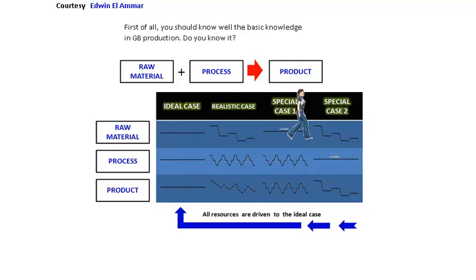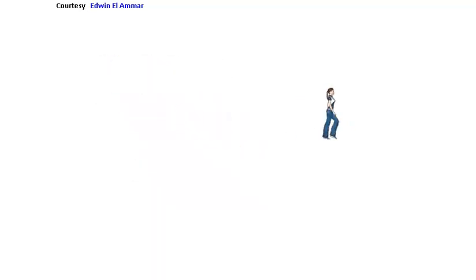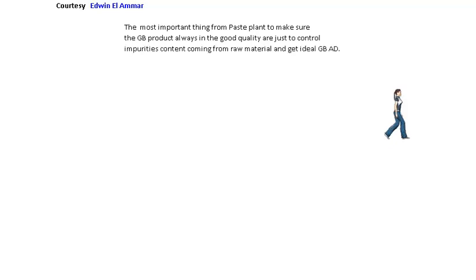In GB production, do you know that the most important thing from paste plant to make sure the GB product always in good quality is just to control impurities content coming from raw material and get ideal GB80? As simple as that, isn't it?